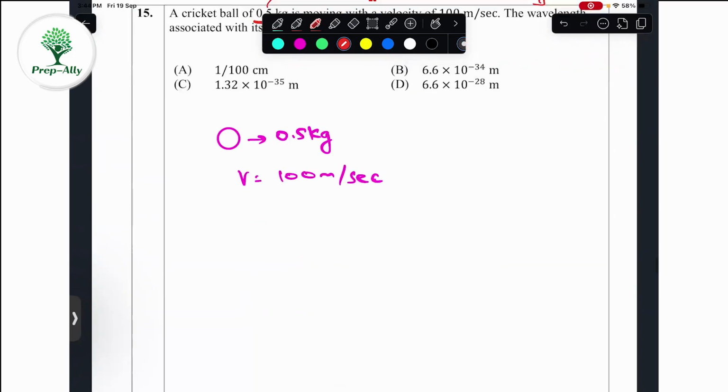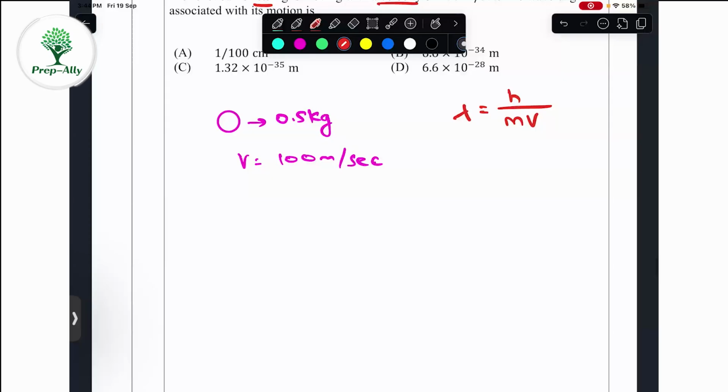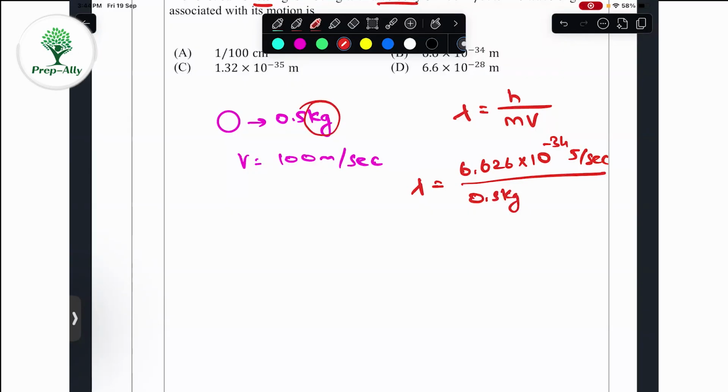So what is the formula of De Broglie wavelength? Lambda, which is nothing but wavelength, will be equal to h, which is the Planck constant, divided by mass into velocity, right? Just put it directly. Lambda is equal to, what is the value of h? 6.626 into 10 power minus 34 joule second. And what is the value of m? 0.5 kg. You don't have to convert the kg, it is already in SI unit.